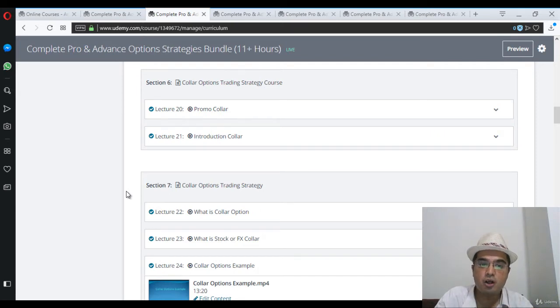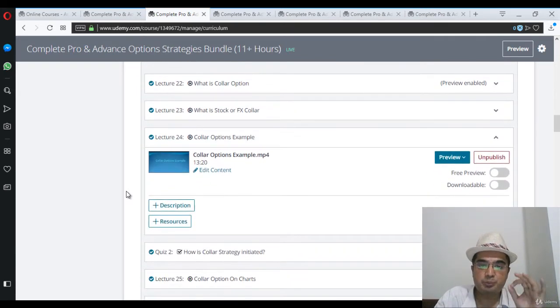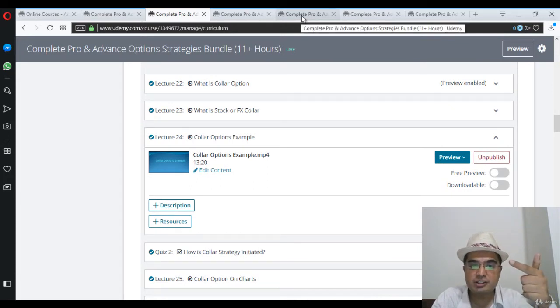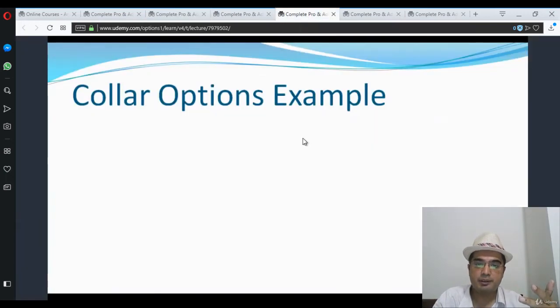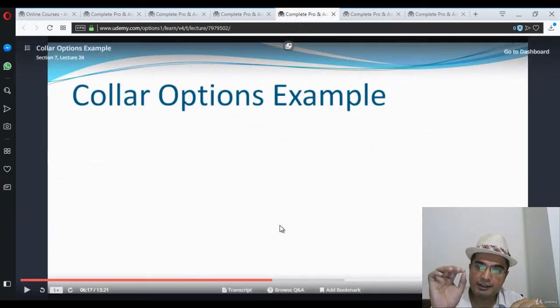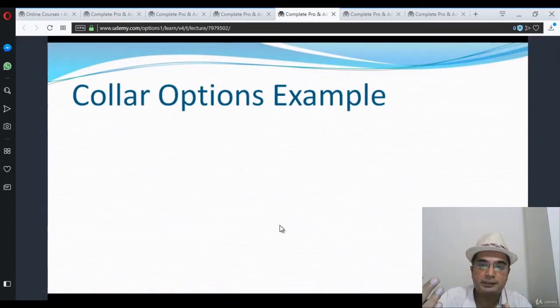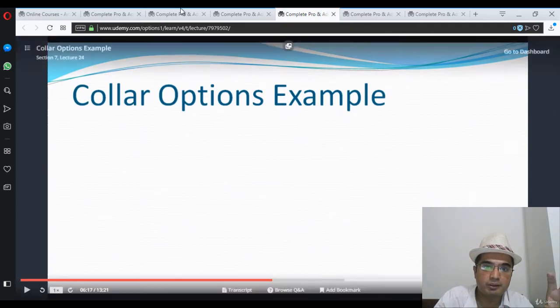Then I will move to the collar option strategy. I will explain it in detail: what is a collar option, what is a stock and forex collar, and a collar option example. I'll explain the examples and the what-is material through PowerPoints, and I will explain the technical stuff on charts or on a live trading platform.